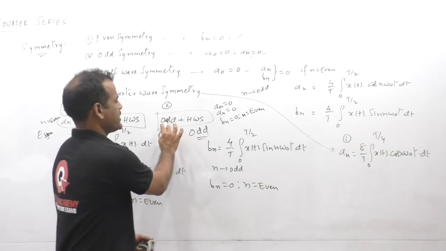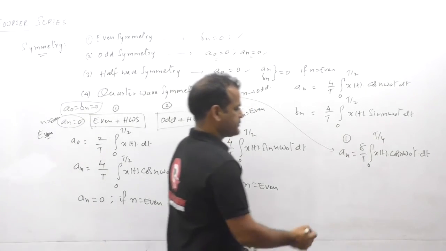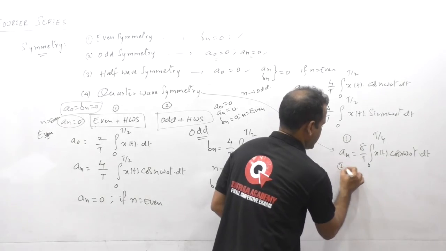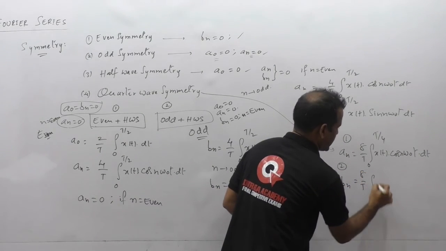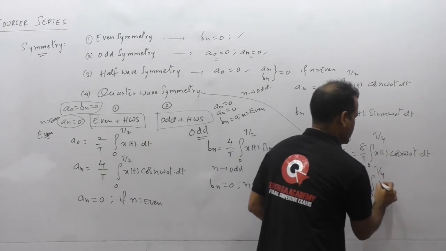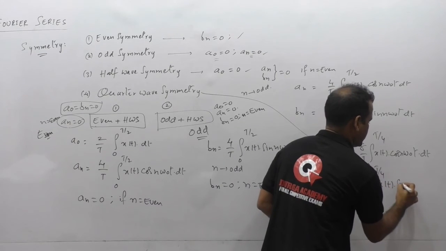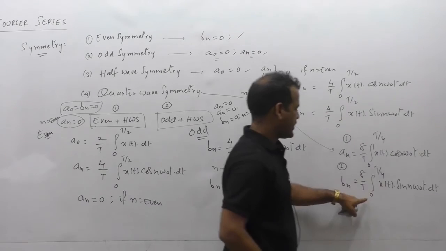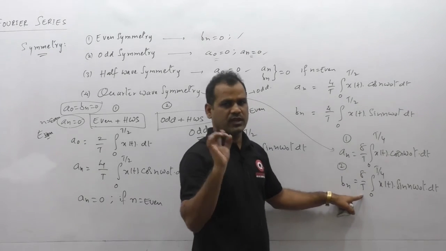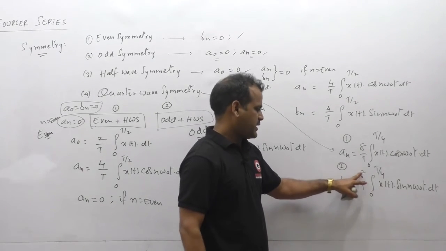Similarly, for the second case we need to define only the Bn value. So for the second case, the Bn formula is again 8 by T integral 0 to T by 4 x of t multiplied by sin n omega naught t dt. So here also we are integrating only one quarter of the cycle of the waveform, so 8 by T is multiplied here.